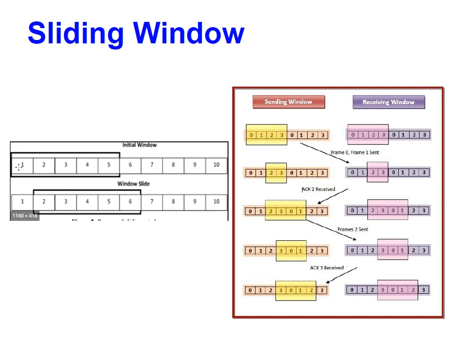Here, a window is created: 1, 2, 3, 4, 5. Let us take it as 5 bits.